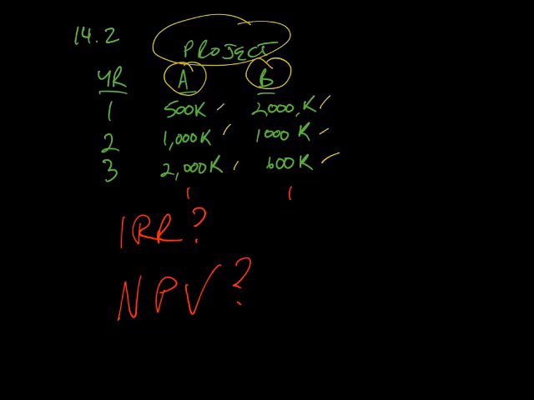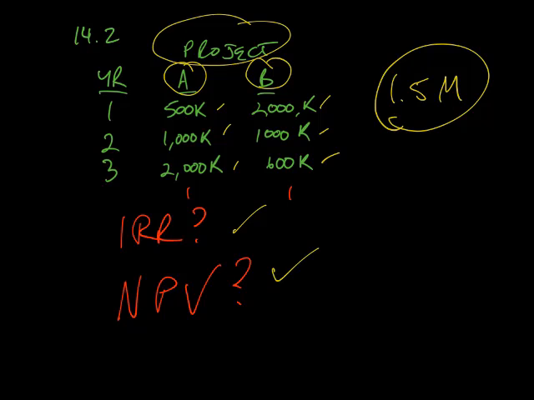The biggest hint, or two hints: don't forget, within the narrative of the question, it gives you your upfront expenditure, and the upfront expenditure is 1.5 million. So you're going to be using that for both the IRR and NPV calculations.